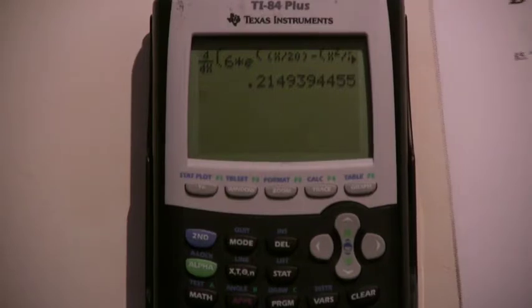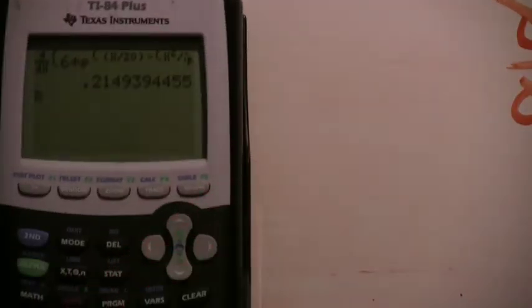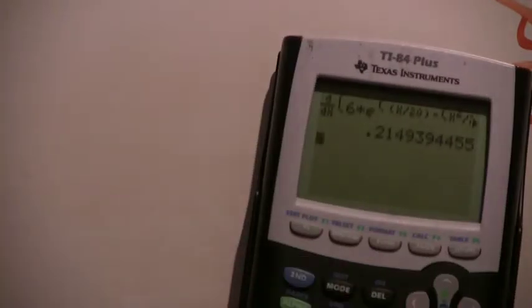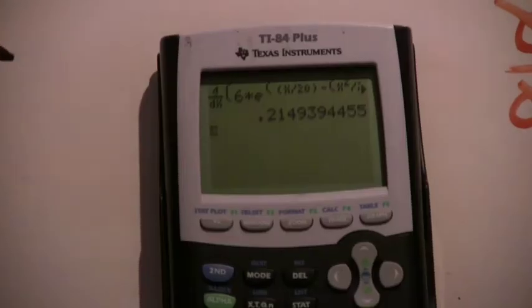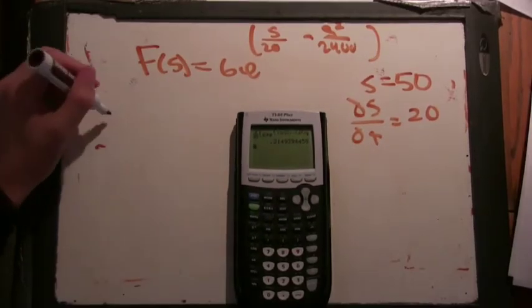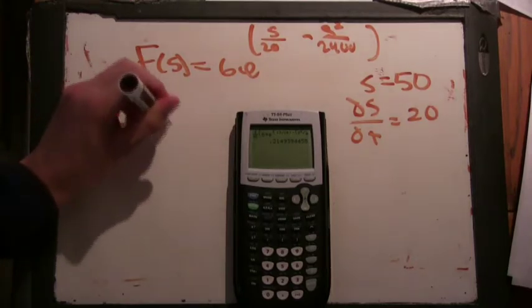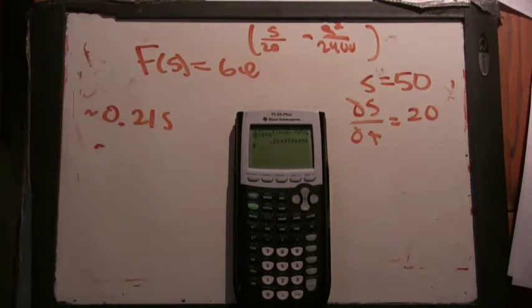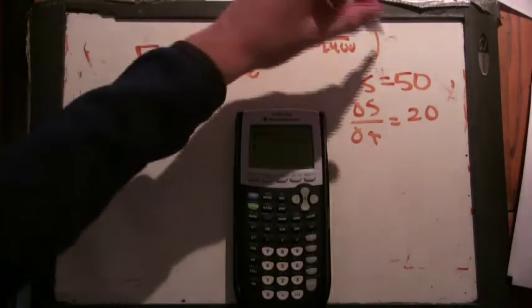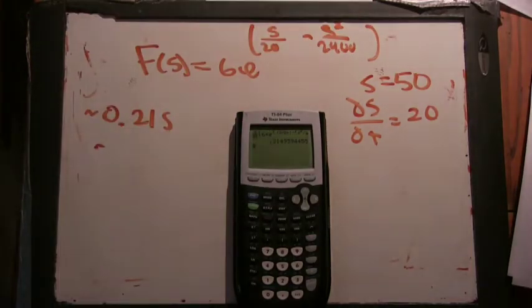Okay. So is that your answer? Well, not quite, because we have to multiply this. Let me zoom out. We have to multiply our 0.215 about by an expression for s prime because of our chain rule.